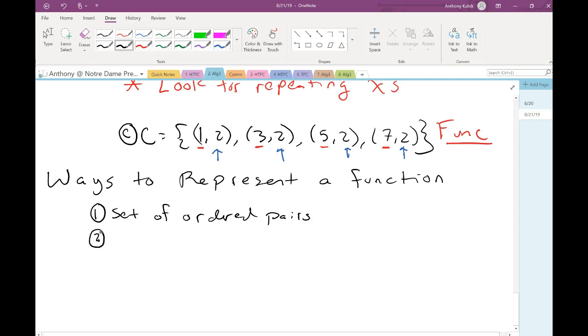Prior to this, the representation that you're probably the most familiar with is writing a function as an equation, something like y equals 2x plus 5. Or f of x equals 2x plus 5. You could have written it that way as well. We'll use those two notations interchangeably in this course.